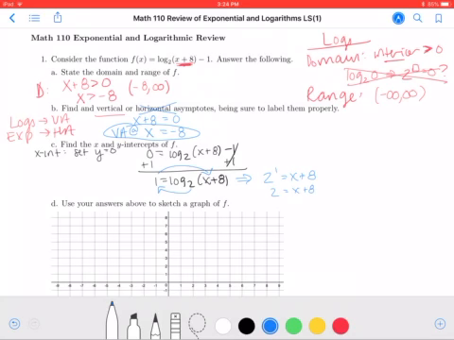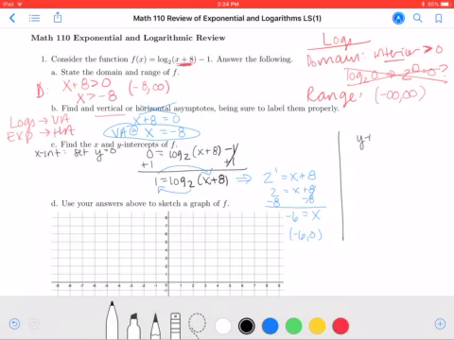So 2 to the first, that's how I got that 2. And now to get x by itself, I'm going to subtract 8 from both sides. I get negative 6. So my x-intercept is at the point negative 6, 0.